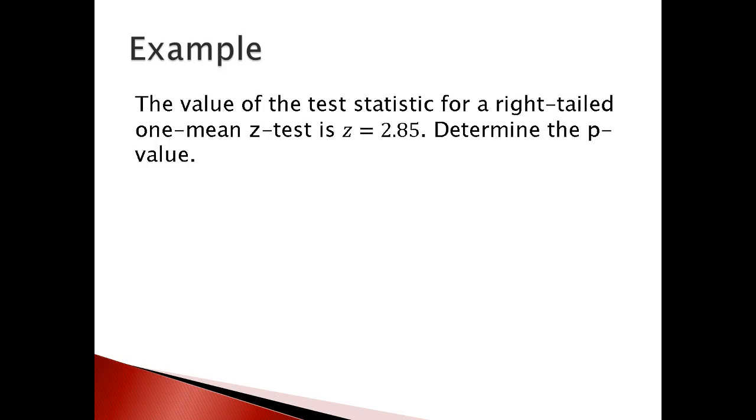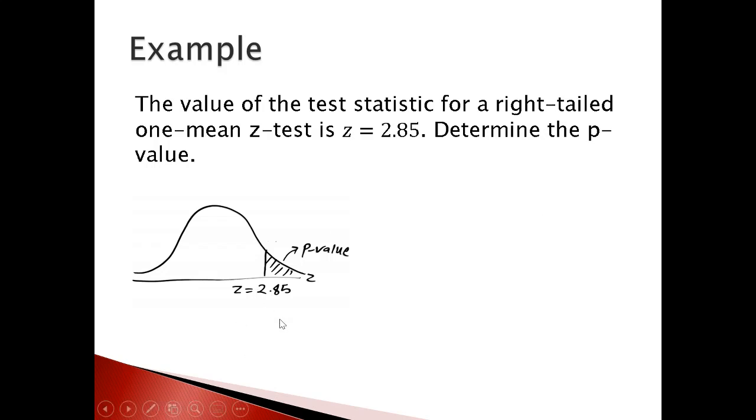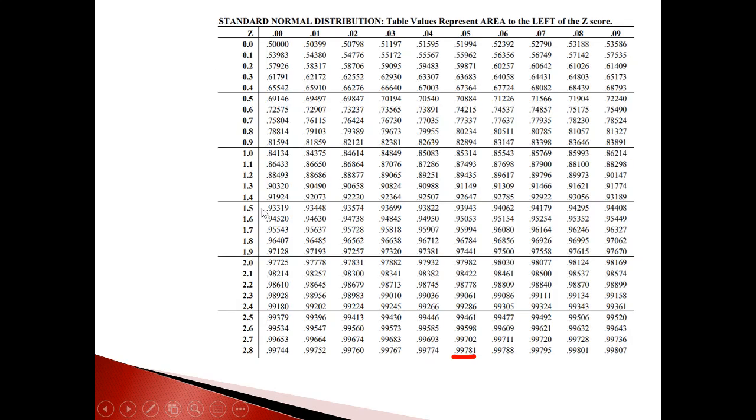Now for z equals 2.85, that's your critical value. If you go to the standard normal table, I have one here. For 2.85, this is 2.8 and then 5 is here. So this is the area.